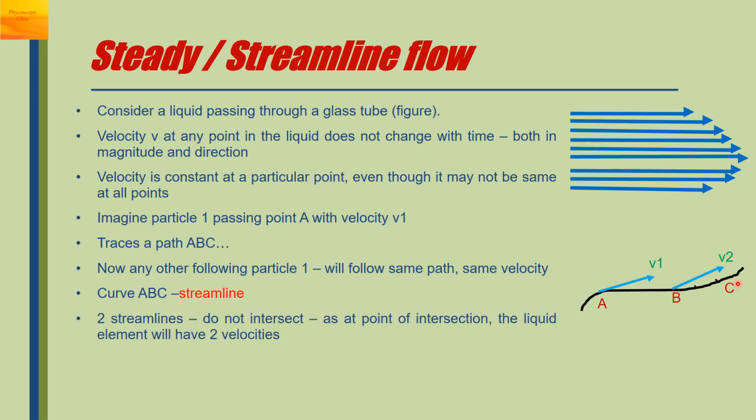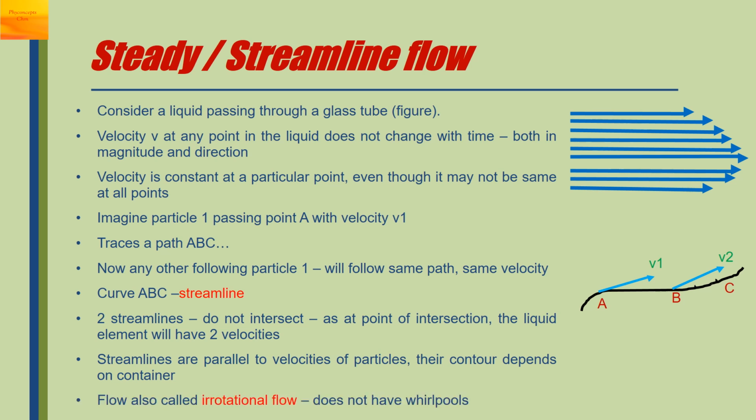So, here the curve ABC is called a streamline. Two streamlines do not intersect, as at the point of intersection the liquid element will have two velocities. The flow is also called an irrotational flow, as it does not have whirlpools.